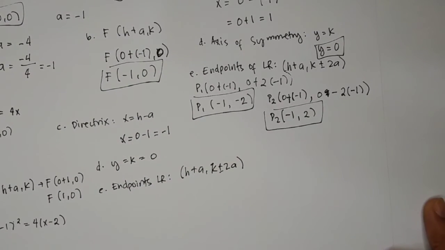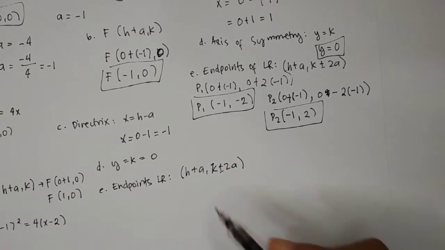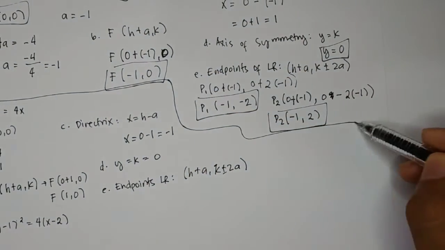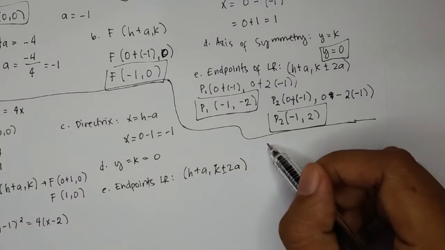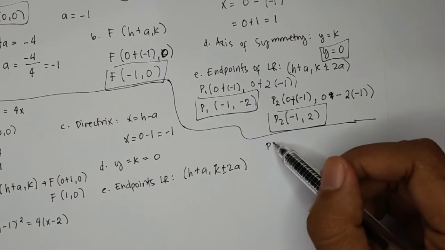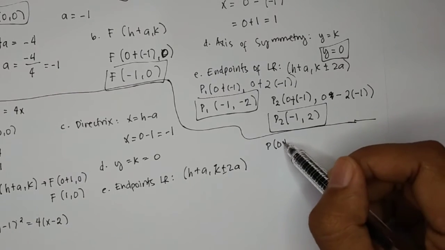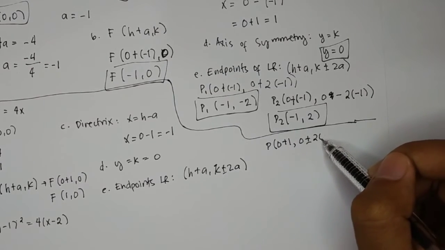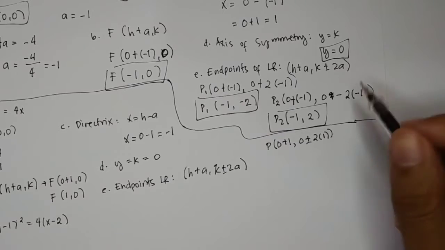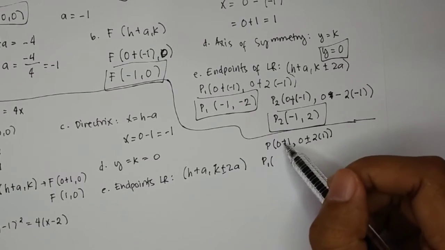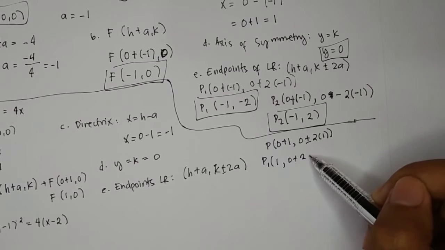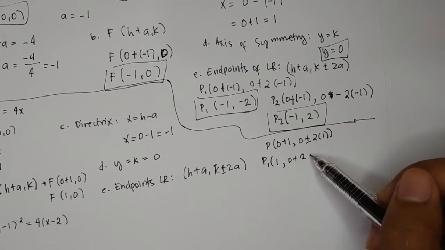So, we have here yung endpoints ha, we have 0 plus 1, comma, 0 plus minus 2 times 1. So, ano nga ba yung P1 natin? 0 plus 1, that is 1. 0 plus 2. 2 times 1 is 2 man.